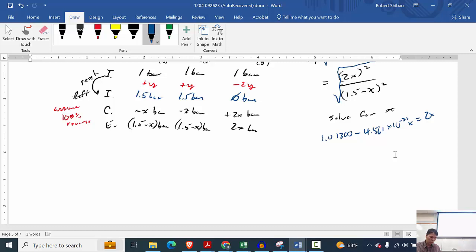So this is going to be 2 plus 4.561 times 10 to the minus 31. Okay, and then invert that and multiply by 101,303.